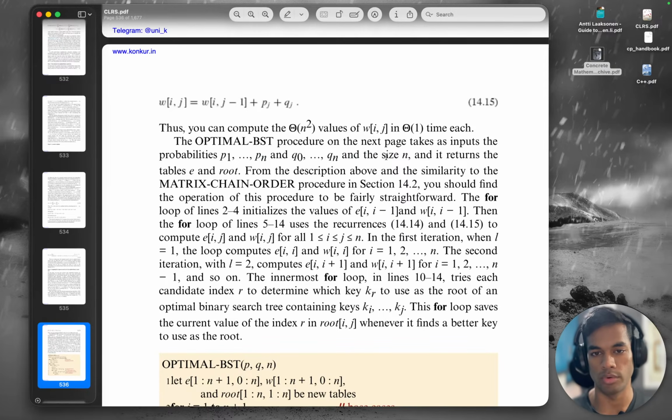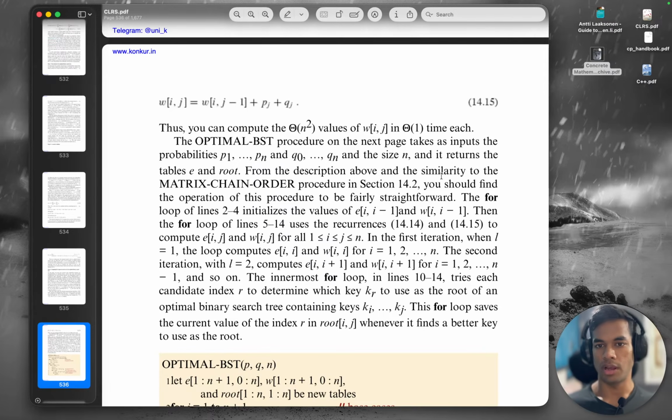It returns the tables e and root. We can use e to find the optimal value, and we can use the table root to find one of the optimal solutions.